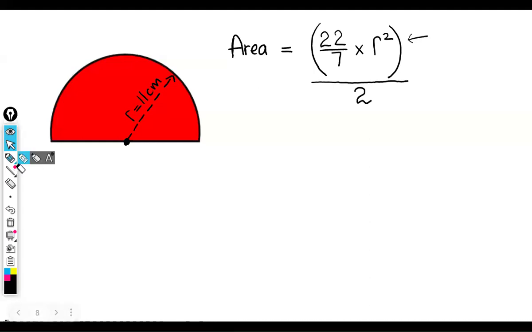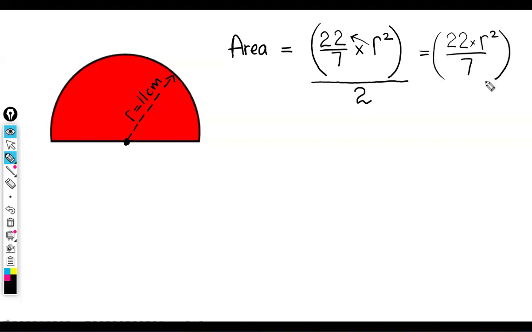So the way that I was telling you to work this out is to work out the brackets part first. Now, we all know that for the top part, how you have 22/7, the radius belongs on top of the 22. So it's 22 multiplied by radius squared divided by 7. And then you divide it by 2 afterwards. Okay, so let's work this out.